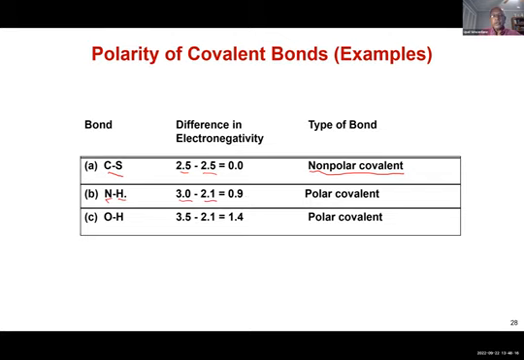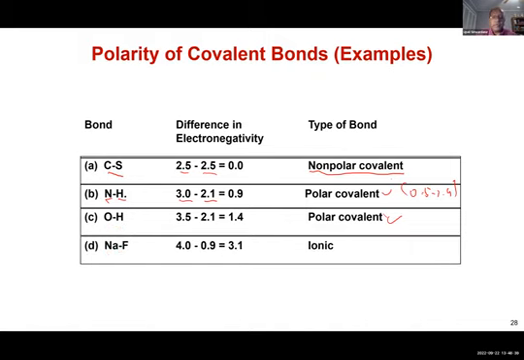So it's 0.9. 0.9 is between 0.5 and 1.9, within this range. Therefore, polar covalent bond. That's how you predict the polarity of bond.